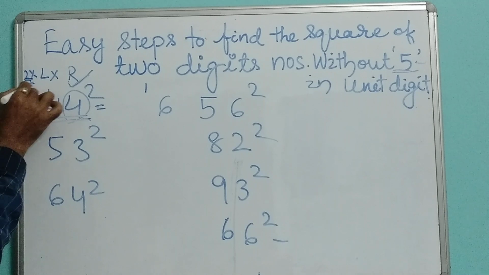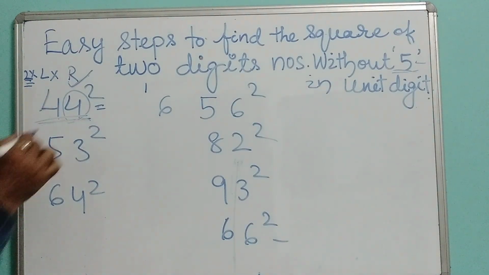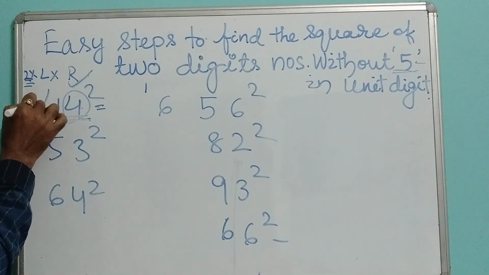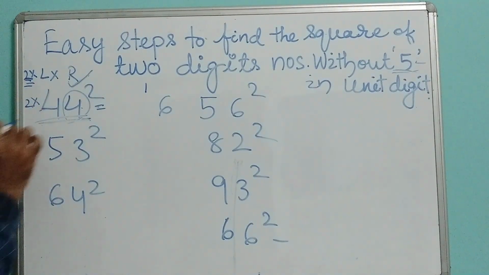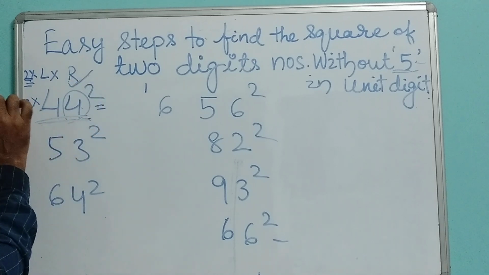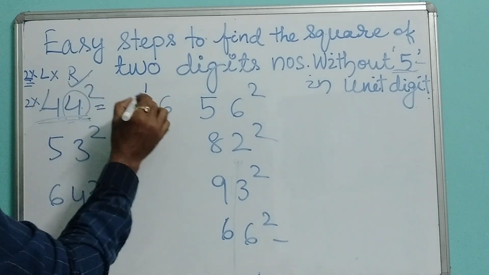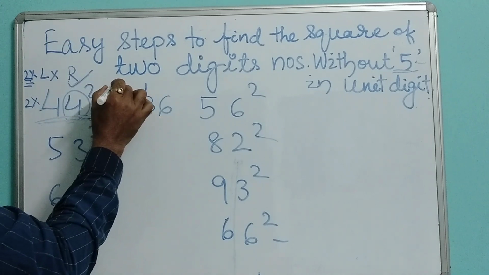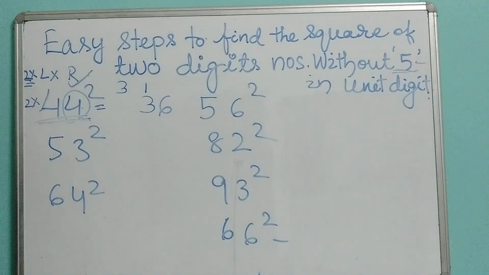This 2 is a universal multiplier. So 4 into 4 is 16, into 2 is 32. What is carried, we add: 32 plus 1 is 33. We keep the right side digit 3 and carry the left digit 3.